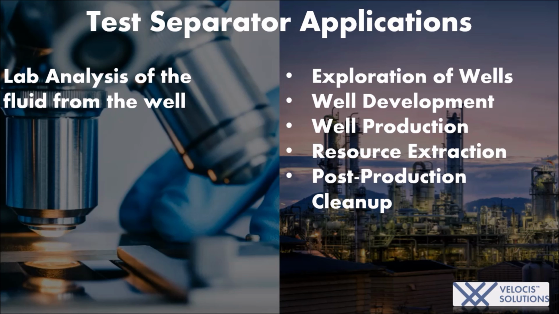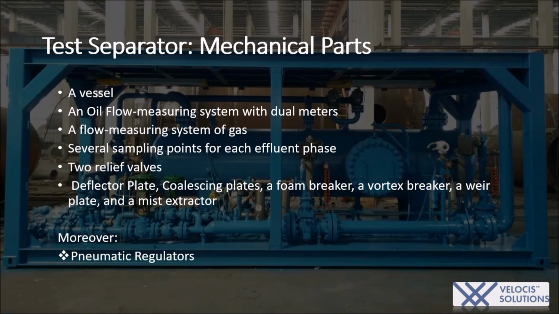The test separators find lots of applications, such as exploration of the wells, well development, resource extraction, and post-production cleanup. Before heading back to the last slide of this module, let's briefly talk about the mechanical parts of these vessels.